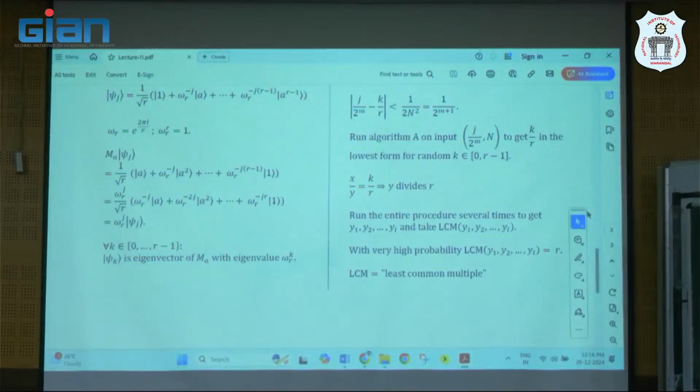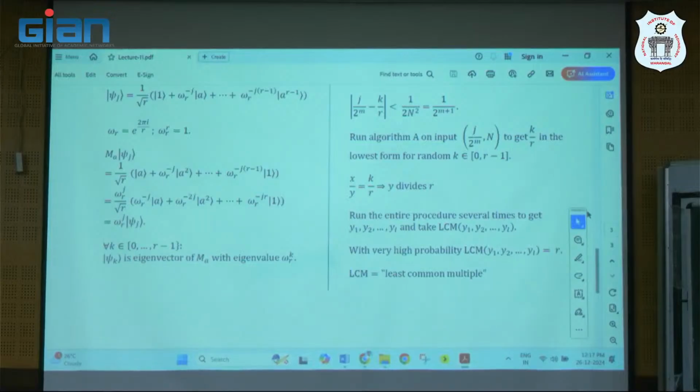Let's say k over r is 12 over 20. What is the simplest form? 3 by 5, correct? So 5 divides 20. So y divides r.